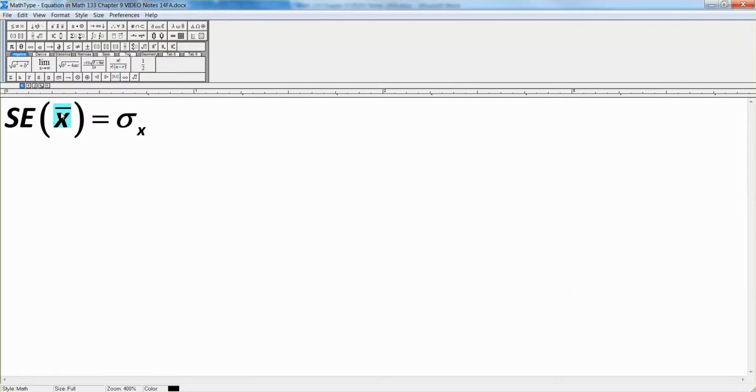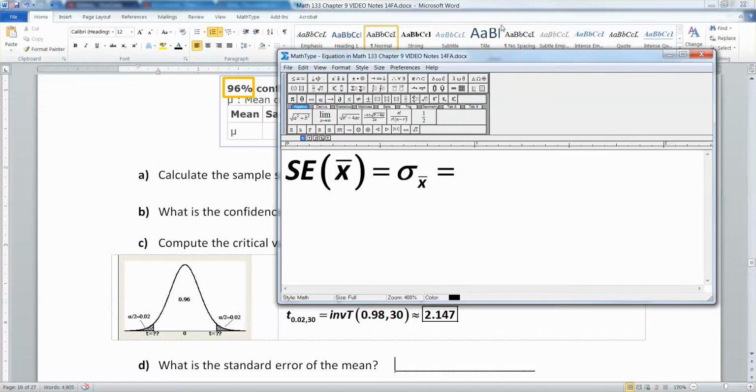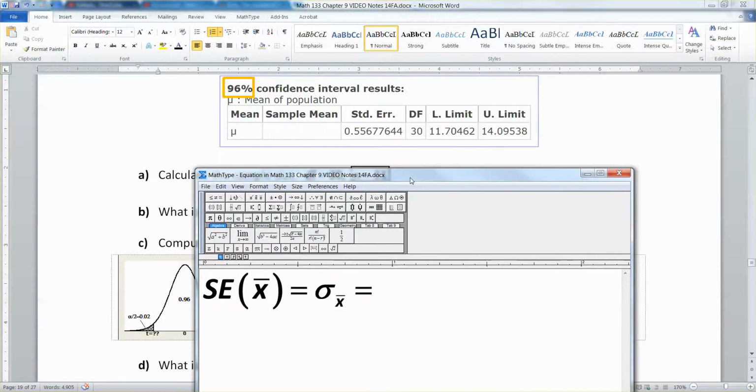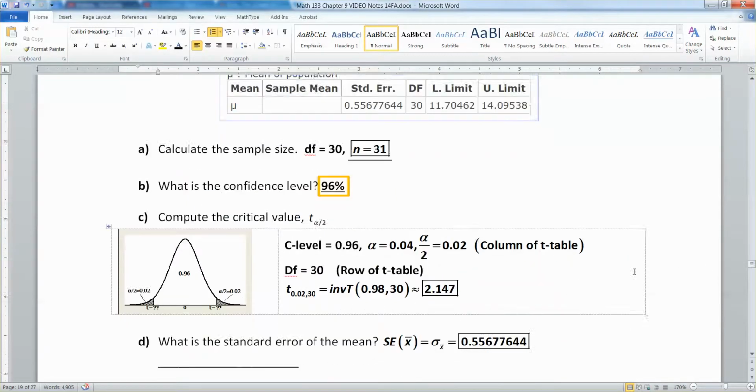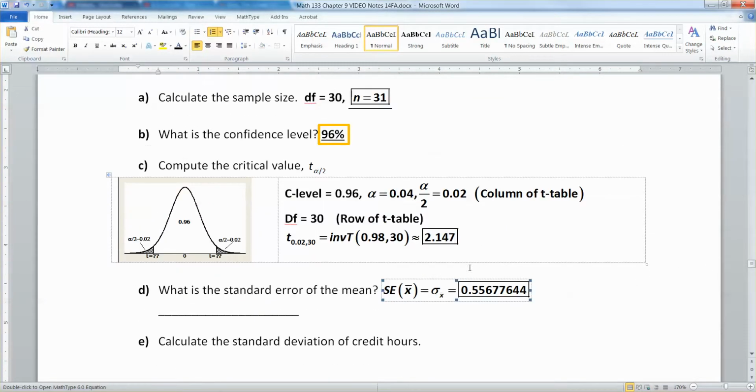Remember, we learned those notations in section 8.1. It's been a while. It is equal to, what was it again? There it is, 0.556776644. There we go. All right, so that's the standard error. Lovely.